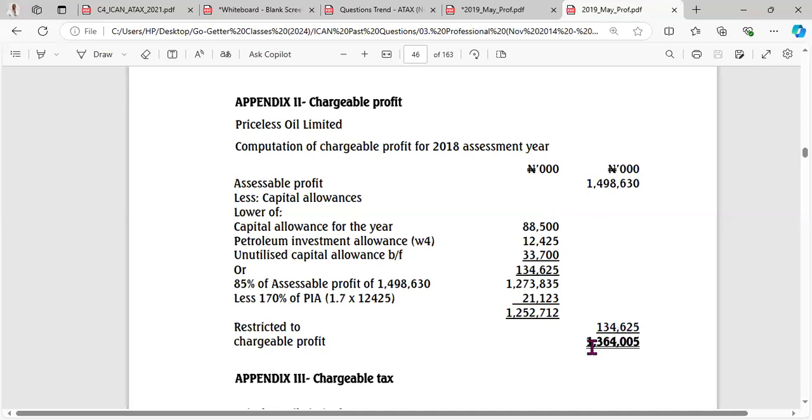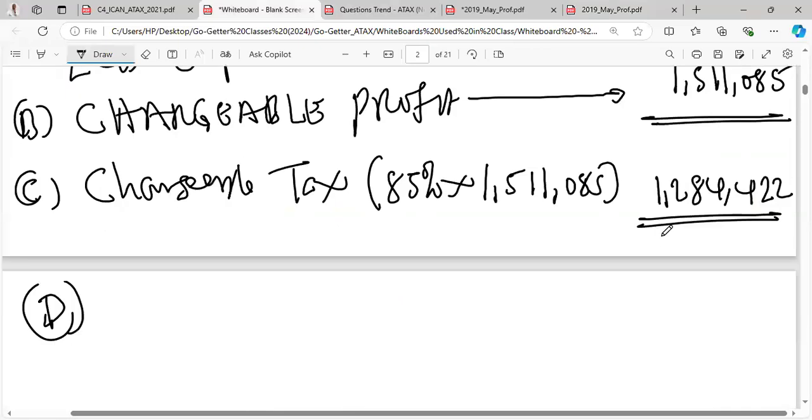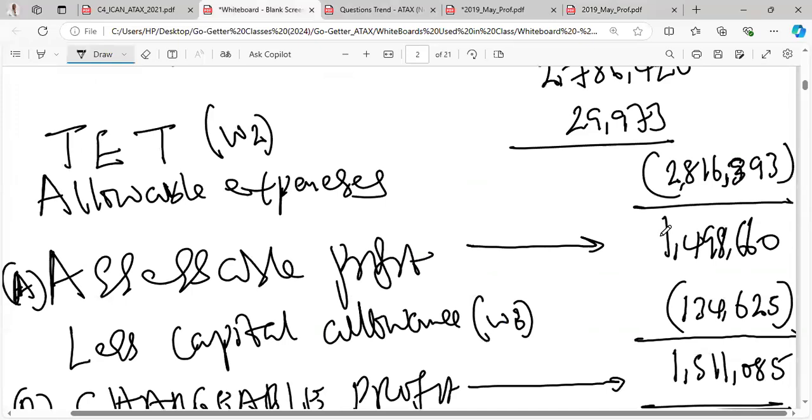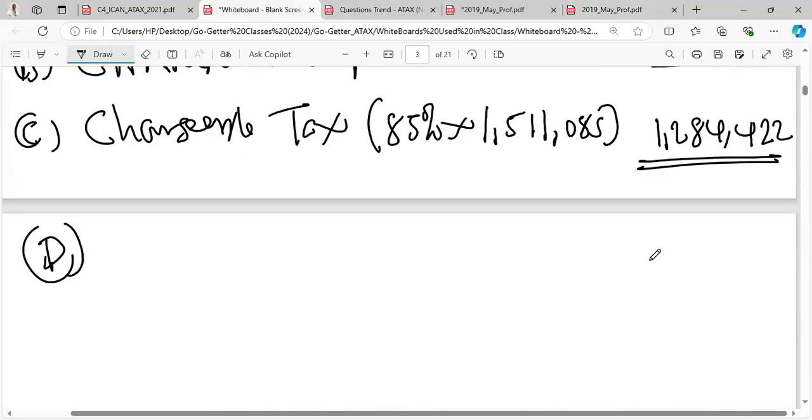Chargeable profit, they have 1,364. We got a different thing, but that's not a problem. I don't understand what they did on their own, but that doesn't mean mine is not correct.